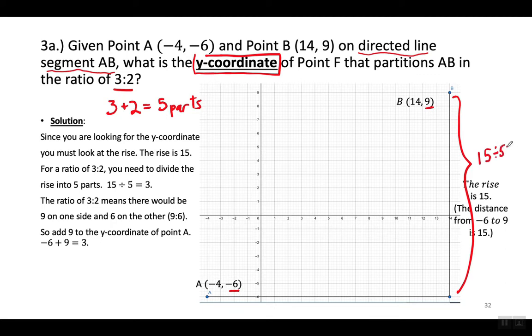That means that each part is going to be 3 units long. Okay, si divido esta distancia, que es 15 unidades, en 5 partes que miden igual, eso quiere decir que cada parte tiene que medir 3 unidades. So here's 1, 2, 3. There I got my first part, my second part, third, fourth, and fifth.